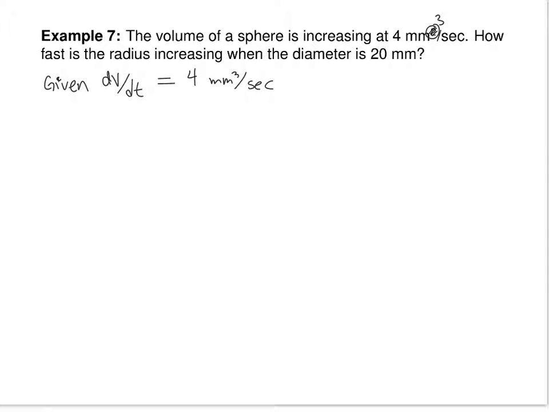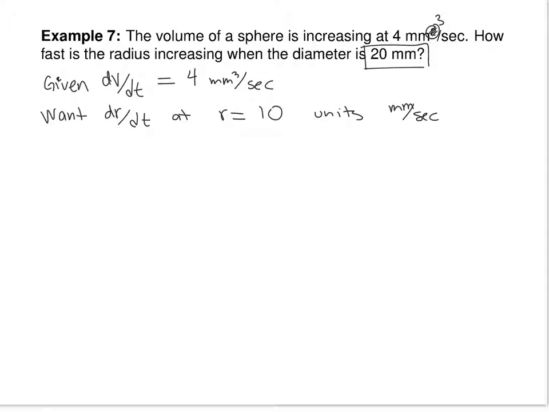Okay, what do you want? dr over dt, and now, yeah, diameter is 20, so r equals 10. And just for kicks, what will its units be? Per same time units as the other one, per second, because a radius is a one-dimensional thing. Yes. Oh, thank you, I missed the second m.